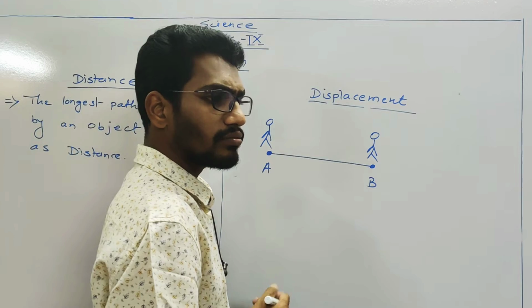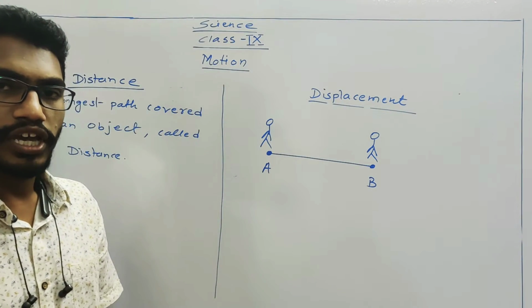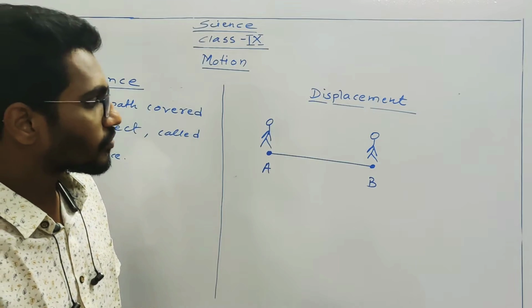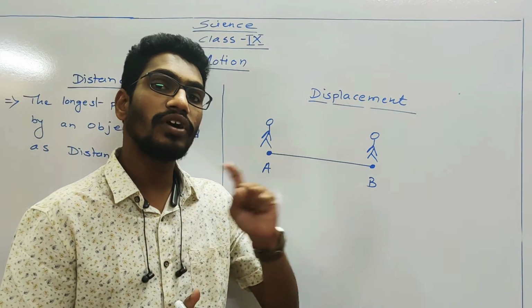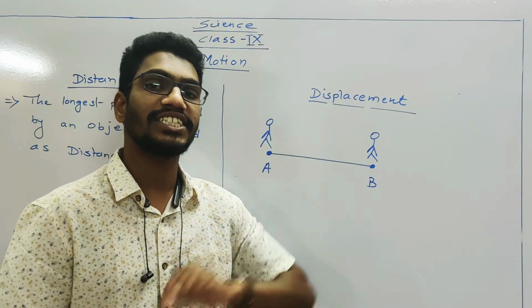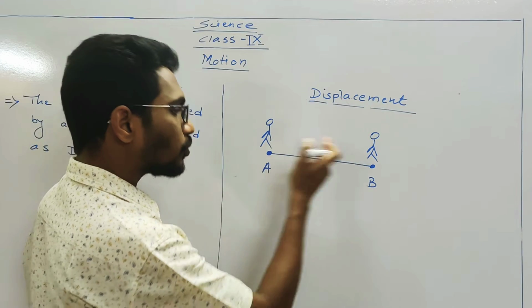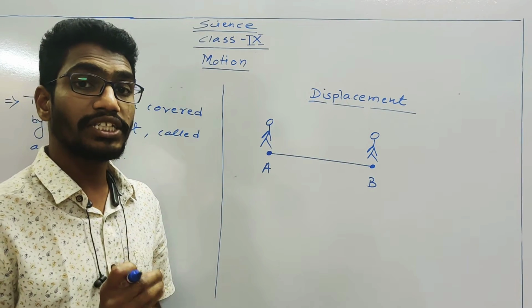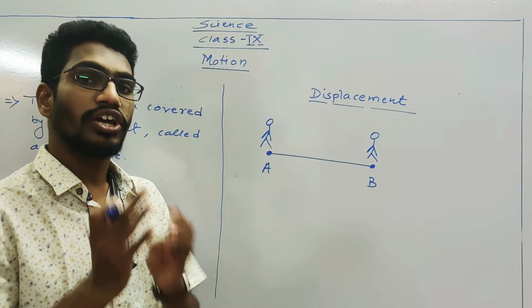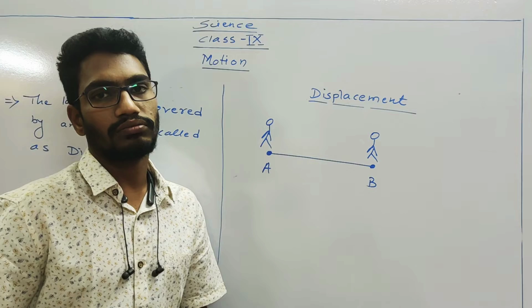Then how can we define this term displacement? Displacement is the shortest path covered, the shortest distance traveled from the initial position to the final position.